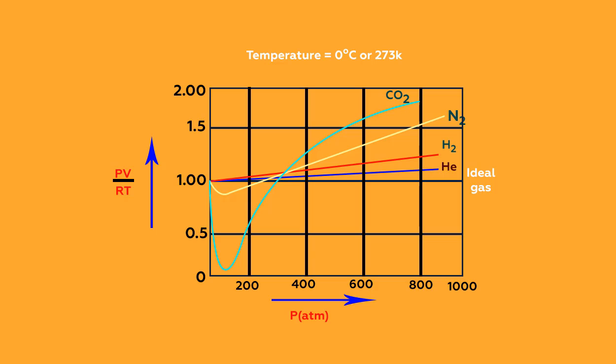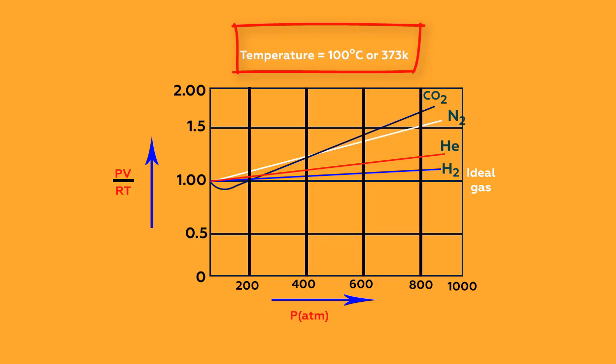Now if we increase the temperature to 100 degree centigrade or 373 Kelvin, the graph shows that the real gases move closer to the ideal gas line. That is due to the increase in temperature. The forces of attraction between the gas molecules decrease, and so the gases behave more ideally than before, when the temperature was 0 degree centigrade.